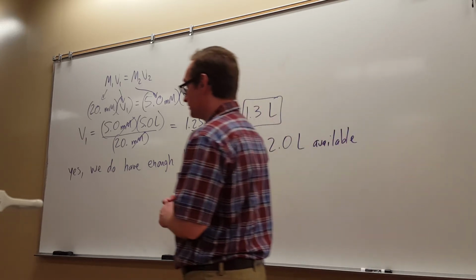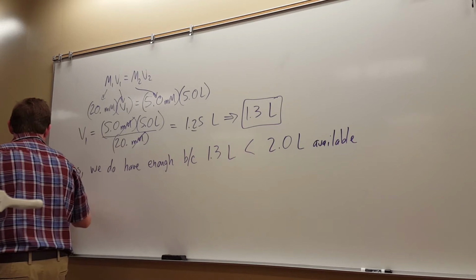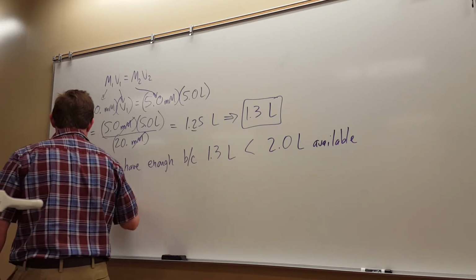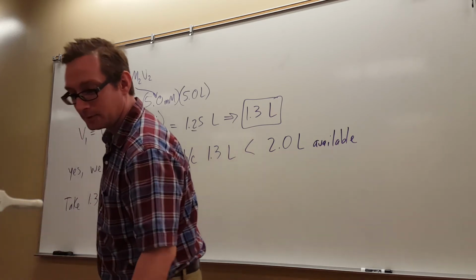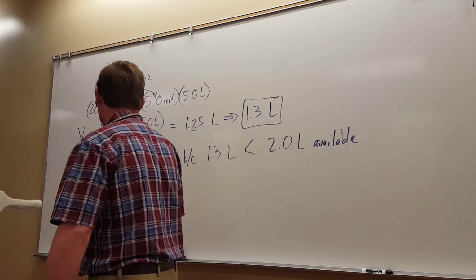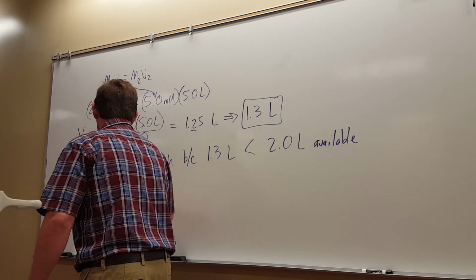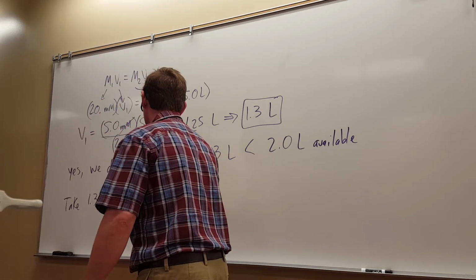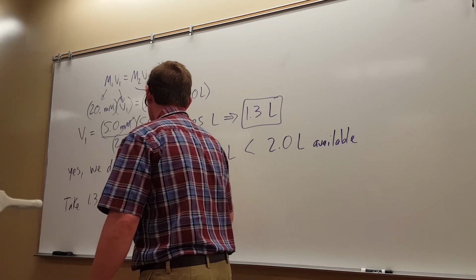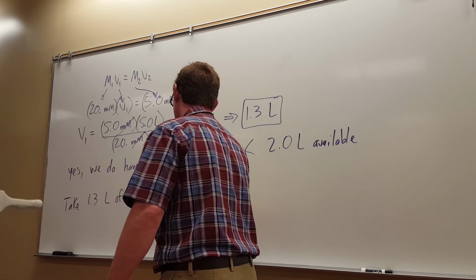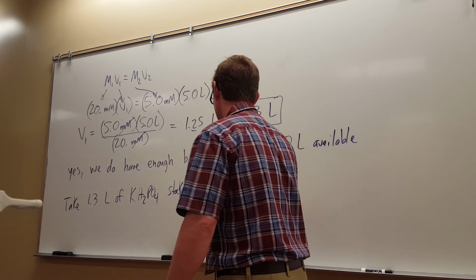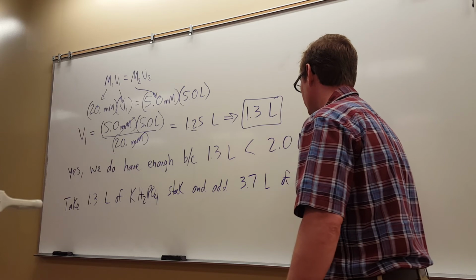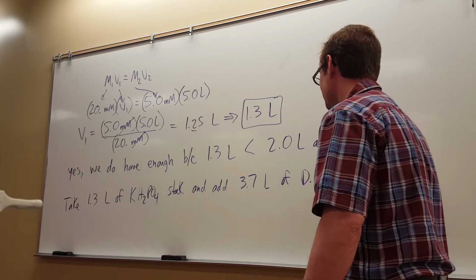So you would take 1.3 liters of the potassium dihydrogen phosphate stock, and add 3.7 liters of, we'll call it DI water, which is what we typically use.